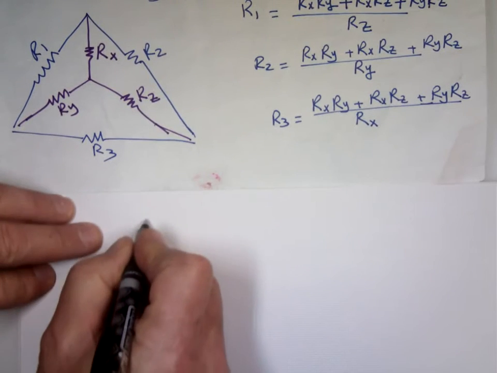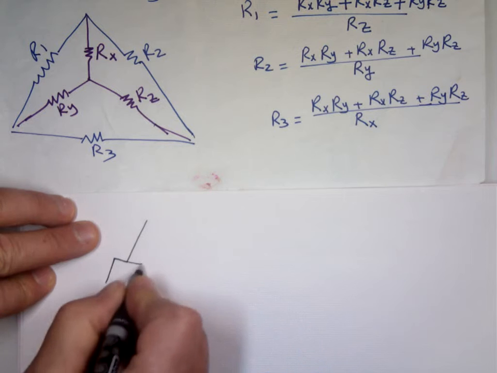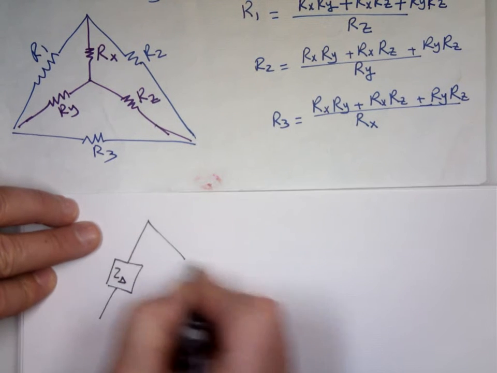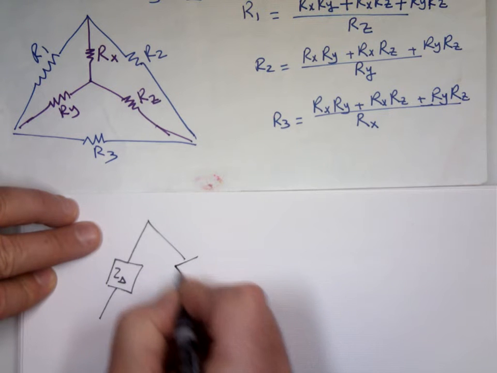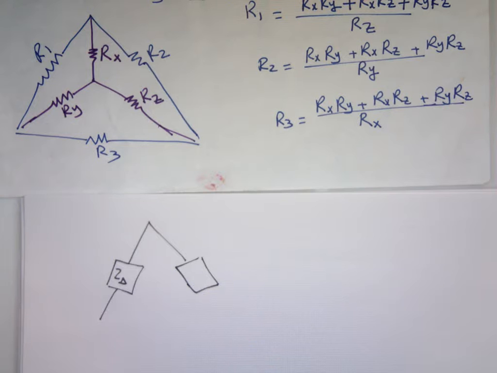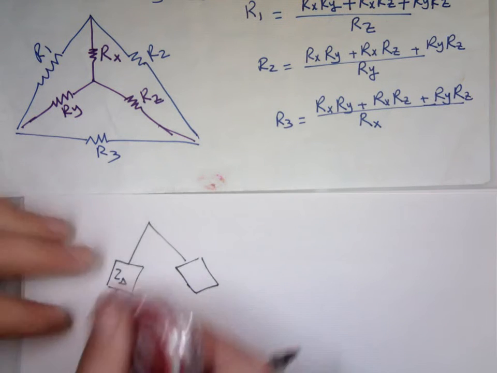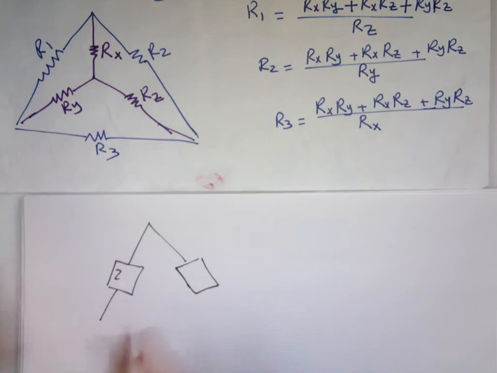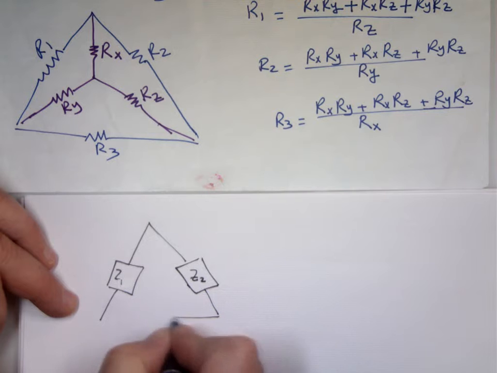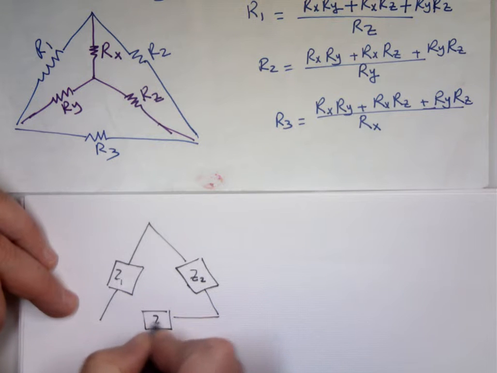So we'll make our own now. We'll call that Z delta. We're assuming these are equal. If they're not equal, no big deal. Let's not assume they are equal. If they are equal, we'll just make that the case at the end. This is Z1, Z2, Z3.